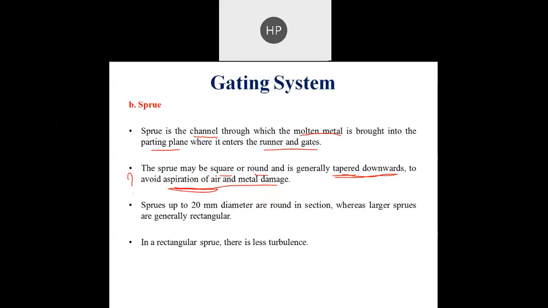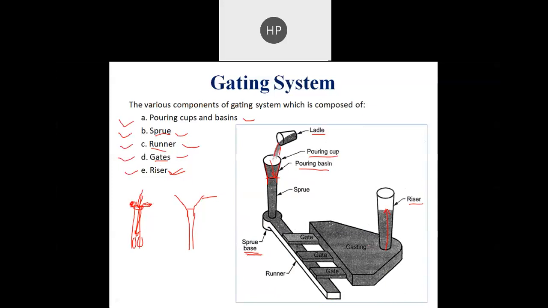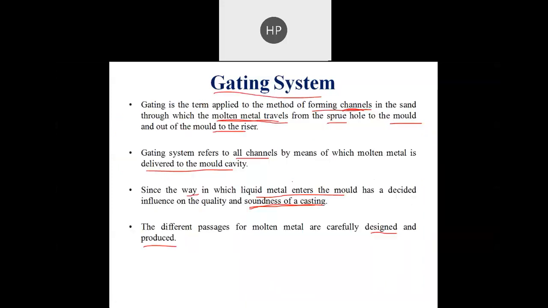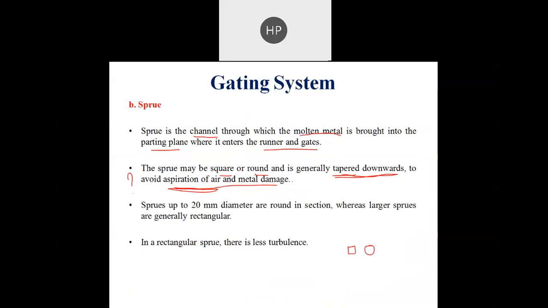And it may be square or round. If you see the top view, the shape of the sprue may be square or it may be round. It depends. You can see here it is round, but a square sprue may also be used. Sprues up to 20 diameter are round in section, whereas large sprues are generally rectangular.